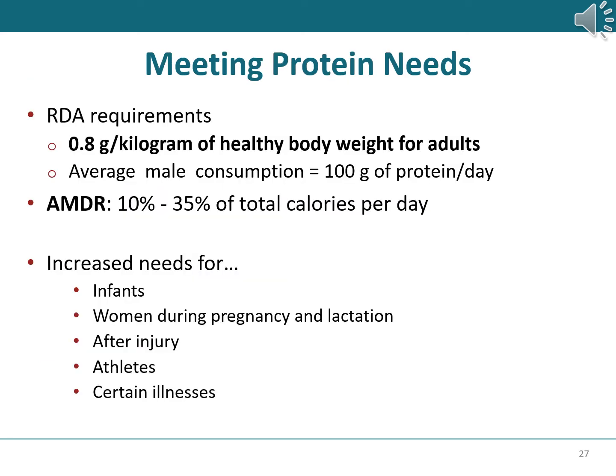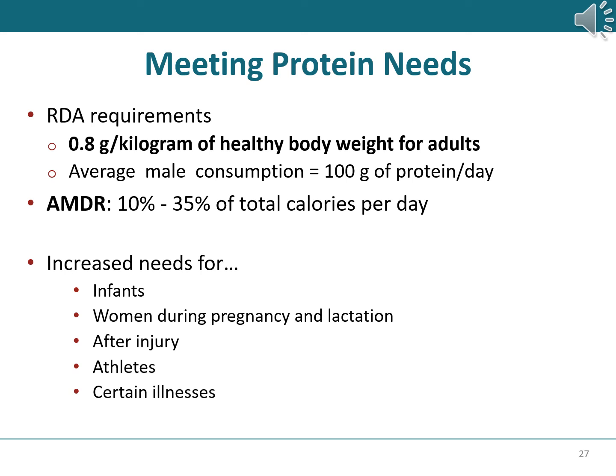The standard adult over the age of 19 years old is going to require about 0.8 grams per kilogram of protein per day. If you look at the acceptable macronutrient distribution range, that provides a pretty wide number for percentage of calories that should be coming from protein. That's 10 to 35%.